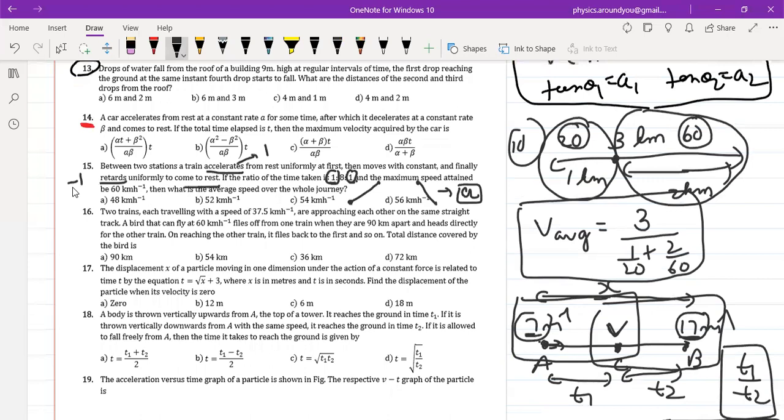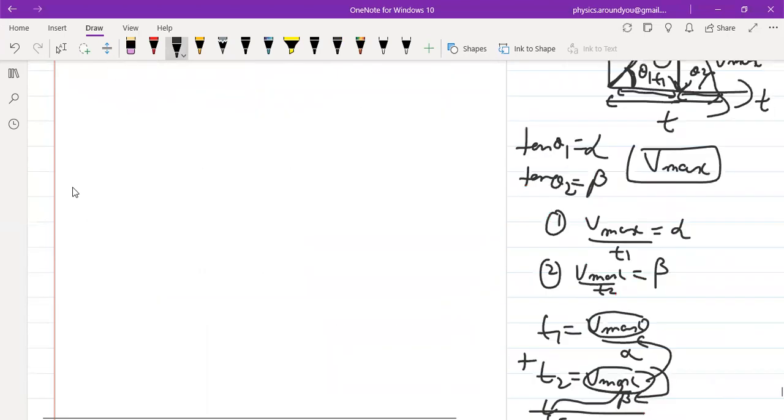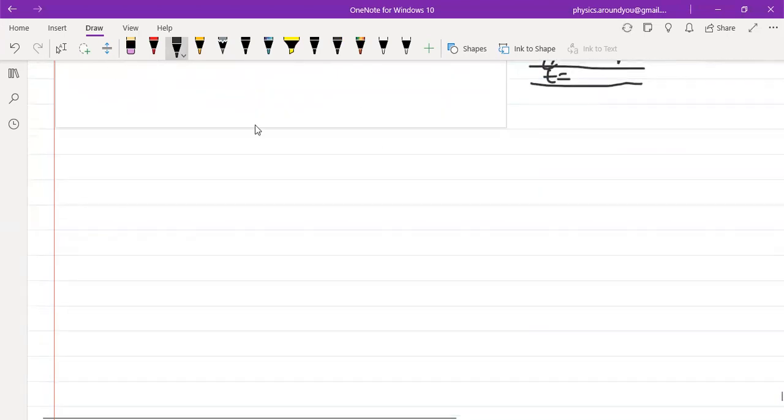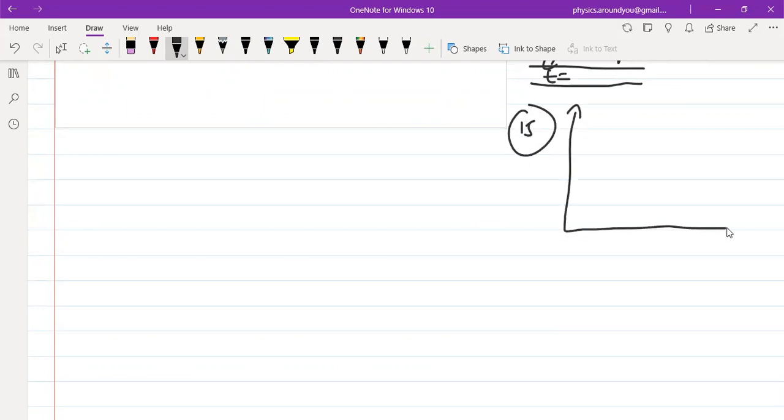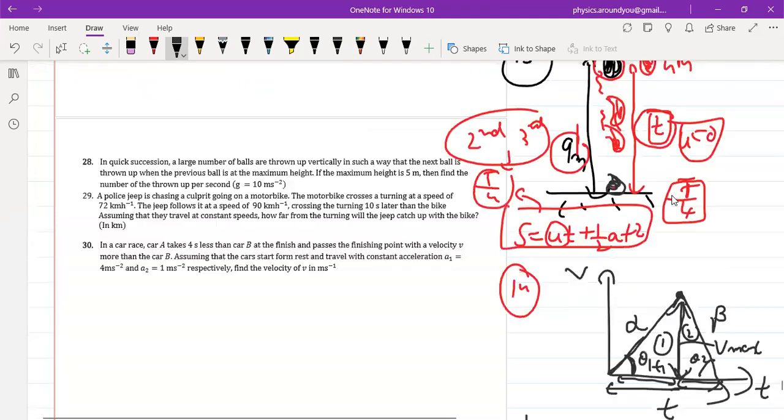We will again have a VT graph for the 15th one. VT graphs are the way to go. For the 15th one, VT graph, how would it look like? It starts from rest, accelerates, remains constant for some time. With the same slope, it comes back. Okay. You need to find the average speed for this.